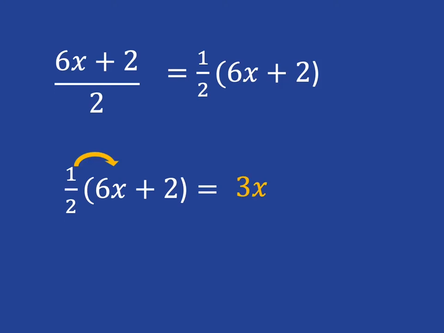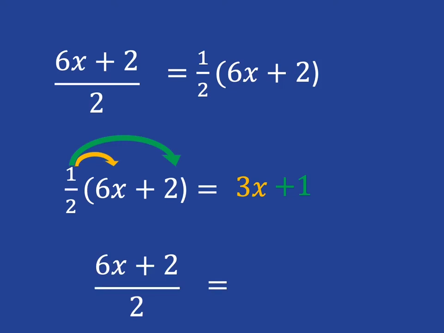Half times 6x gives me 3x, and a half times plus 2 gives me plus 1. So what we're seeing is that when we've got 6x plus 2 over 2, we're going to distribute in the same way. We're going to have 2 dividing into the 6x as well as 2 dividing into the plus 2. So division works just like multiplication in this regard.